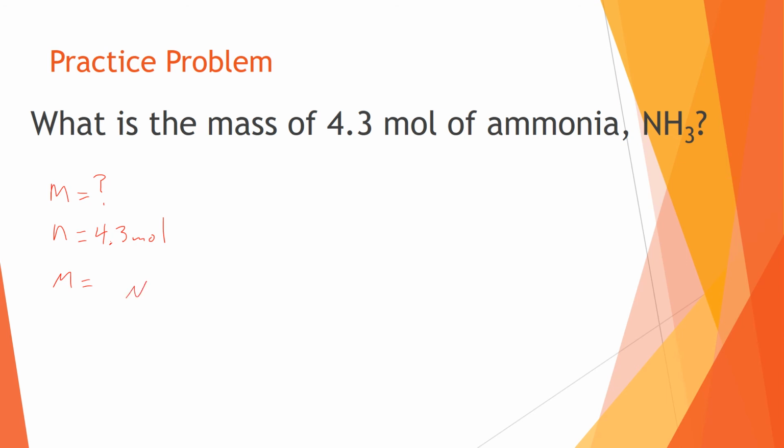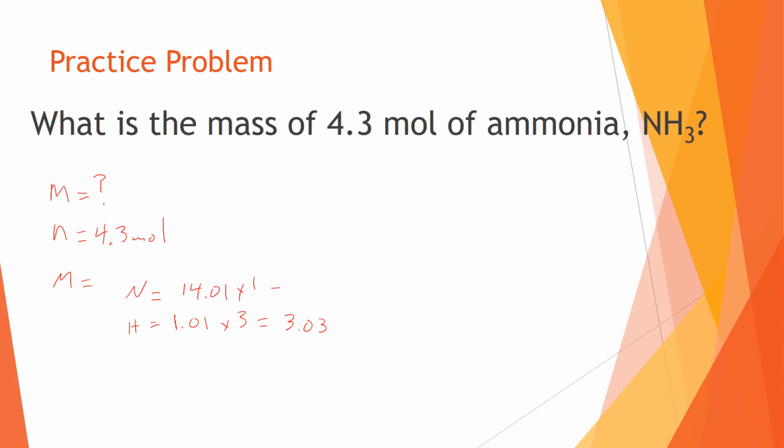Okay, so nitrogen, and we have hydrogen in ammonia. Hydrogen is 1.01, and there are 3 of these, so this would become 3.03. Then nitrogen has a molar mass of 14.01.